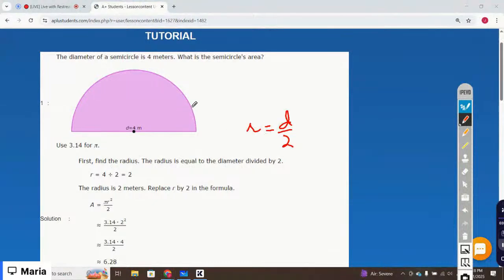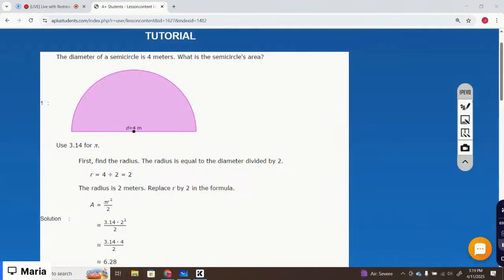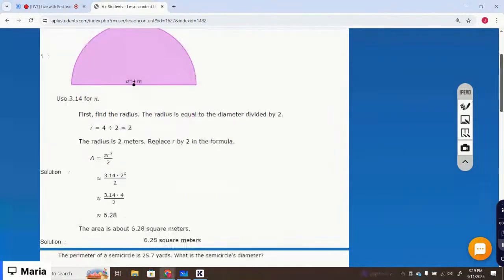Diameter is 4. 4 divided by 2 is 2. Now we need to calculate the area. A equals pi r squared divided by 2. So just put the values in the equation and we're done. We are left with 6.28 square meters.